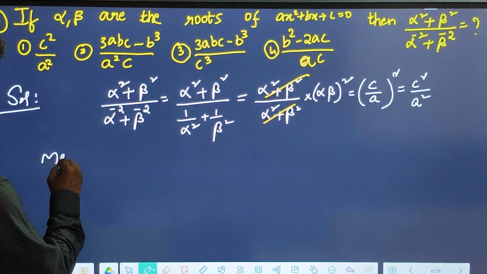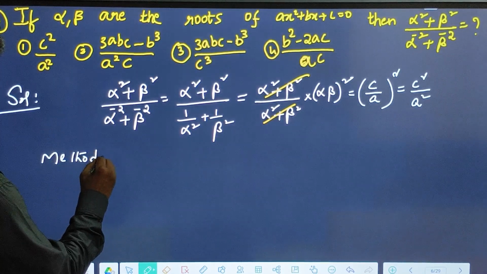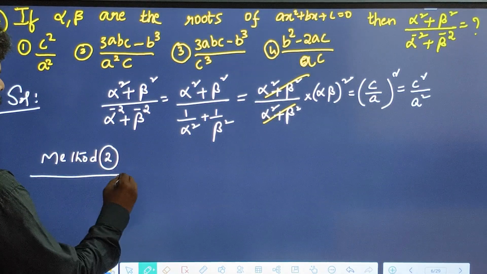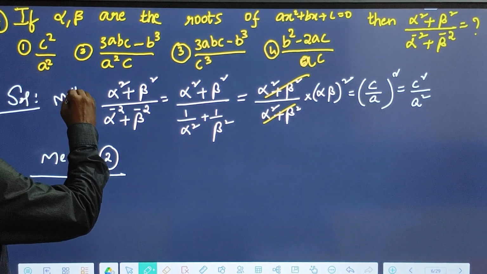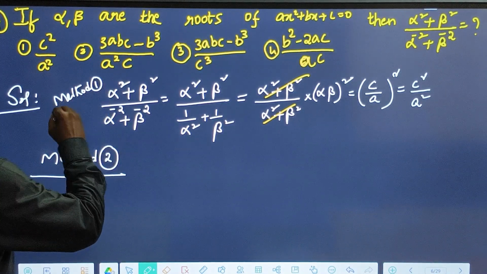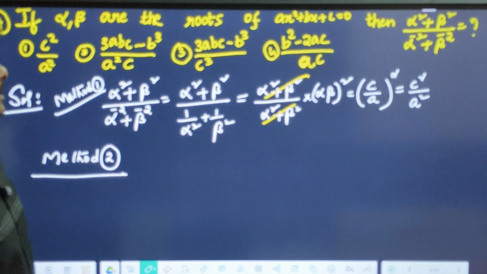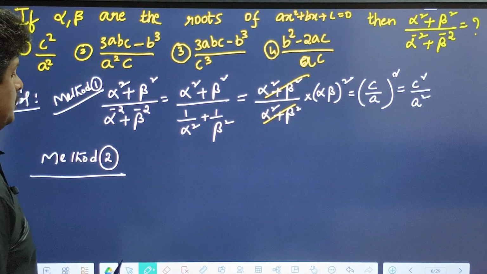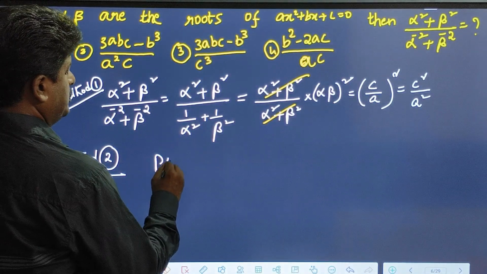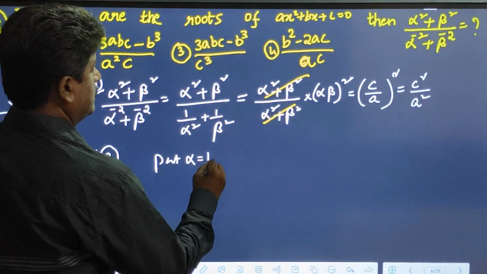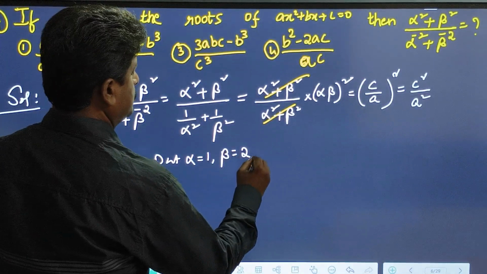Let us discuss the same question without using the formula. Method 2. See, let us assume, put alpha is equal to 1, beta is equal to 2.